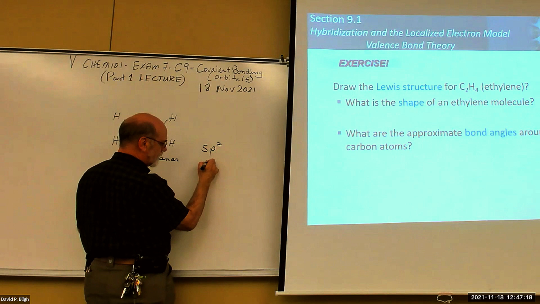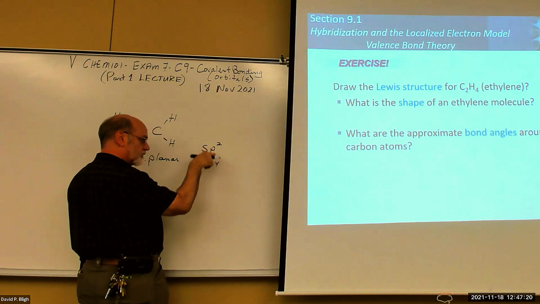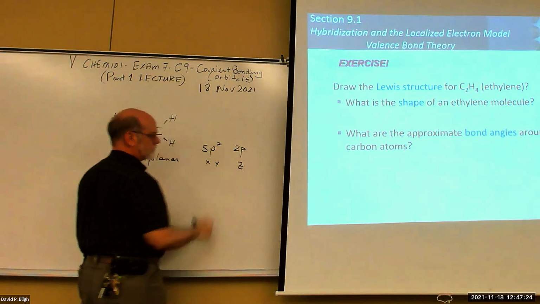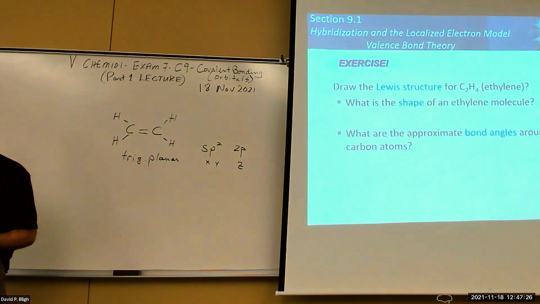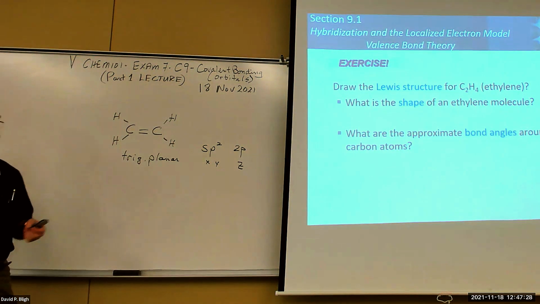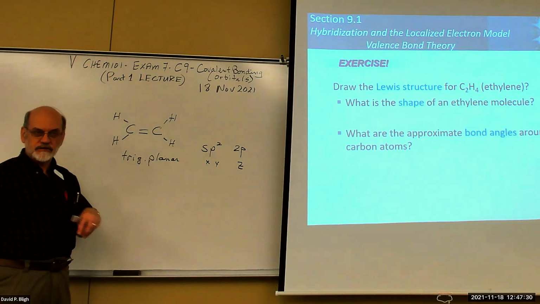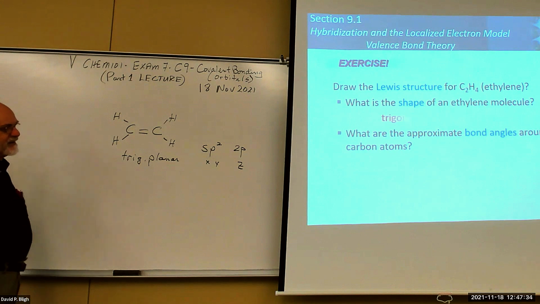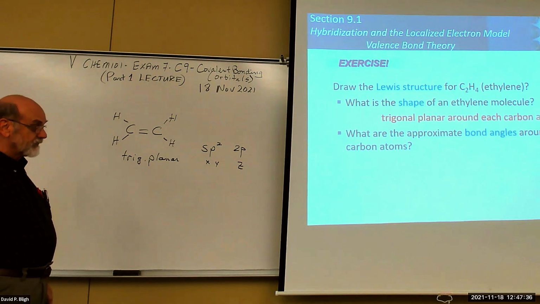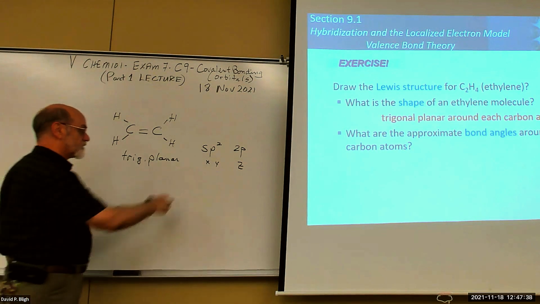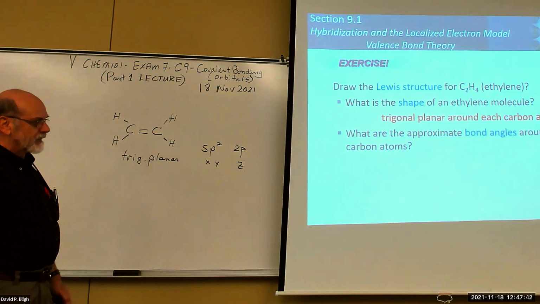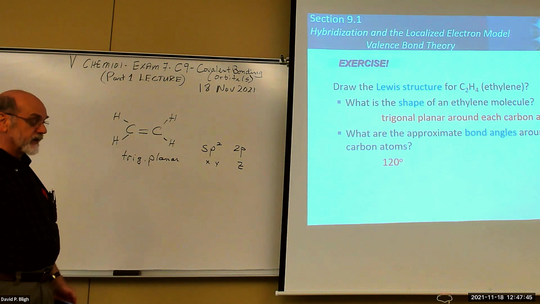Well, if an X and a Y went into this one, then you've got this Z sitting out here all by itself, unused. Okay? Well, unused until I tell you what happens to it. So the trigonal planar requires sp2, and the bond angles have to be 120 degrees.